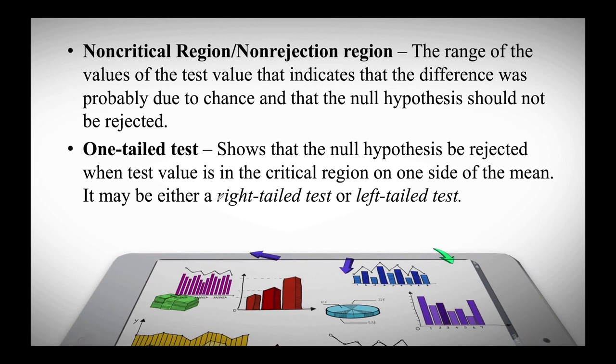It may be either right-tailed test or left-tailed test. Again, kapag sinabing one-tailed test, dalawa lang yan, either right-tailed test, yung buntot ng normal distribution sa kanan, yung tinetest natin, nandoon yung critical region, or sa left-tailed test, na sa kaliwa naman ang ating critical region.